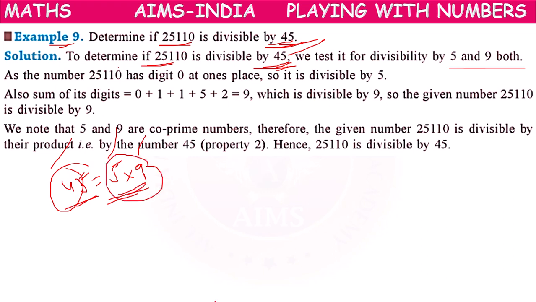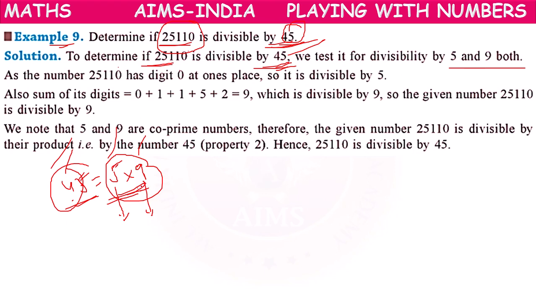Here, children, in the question, they are asking whether 25,110 is divisible by 45 or not. But what we are doing, we are writing 45 as a product of 5 into 9. Why? Because we know the divisibility rules for 5 and 9.